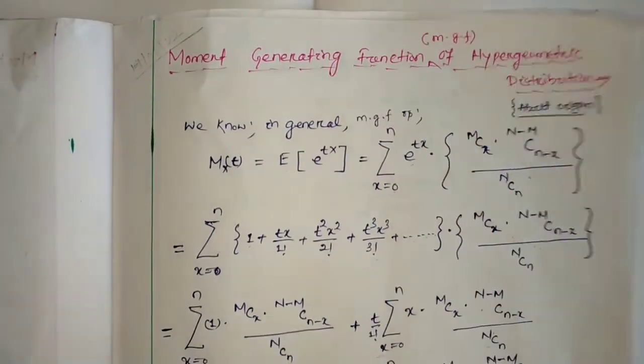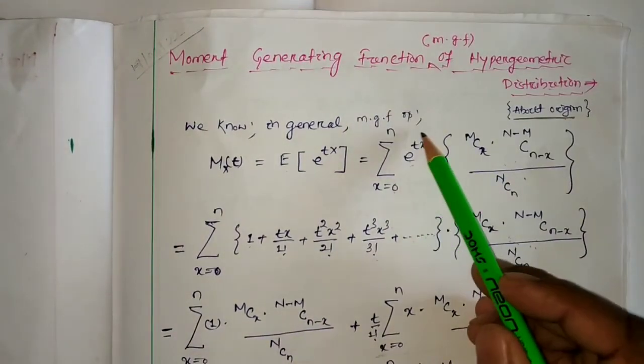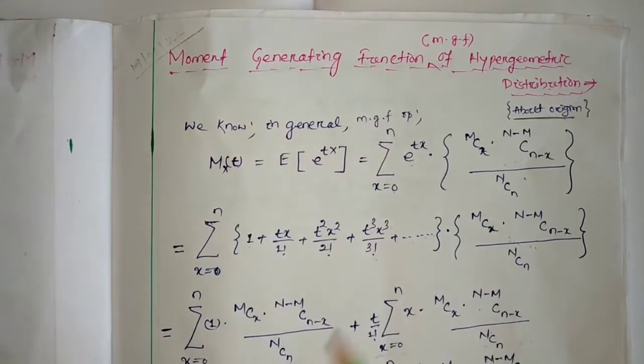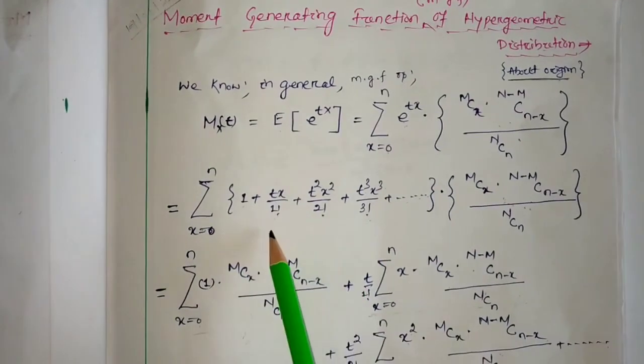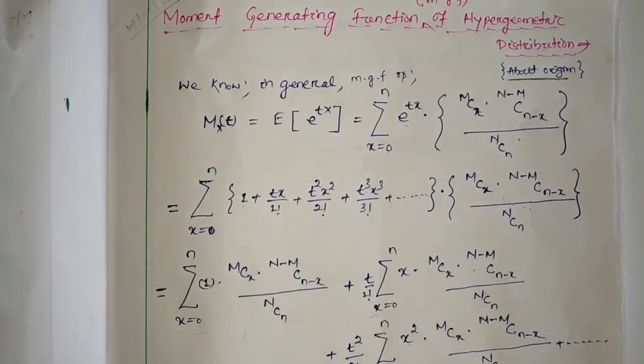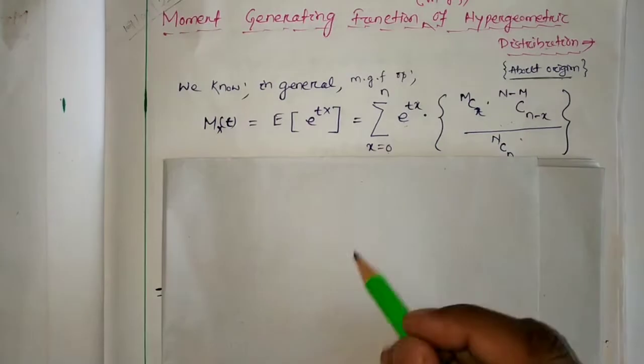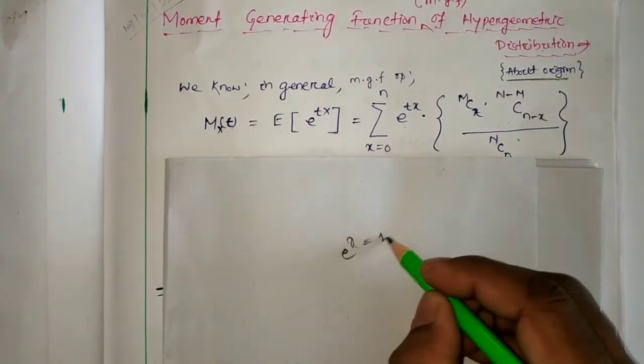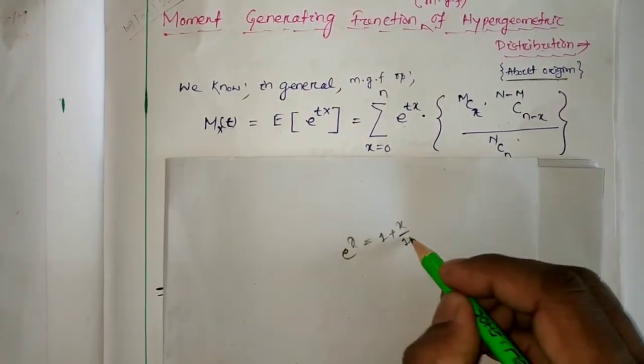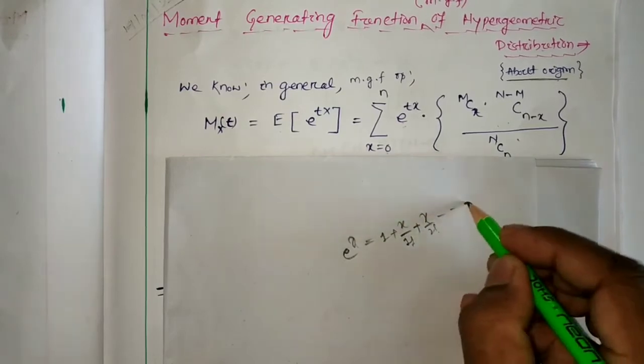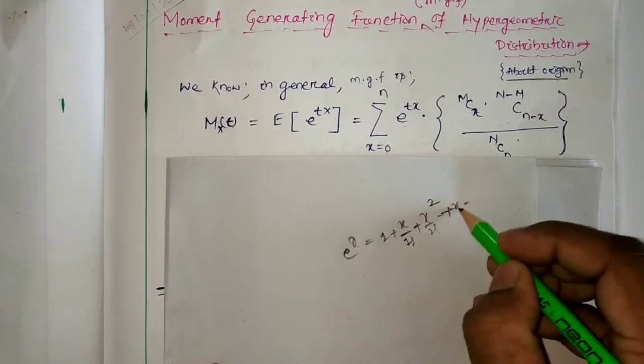Here I expanded e to the power tx, because we know the expansion of e to the power x is 1 plus x by 1 factorial plus x square by 2 factorial plus x cube by 3 factorial and so on.